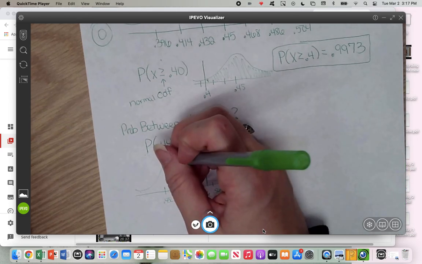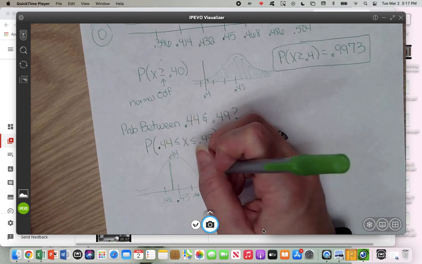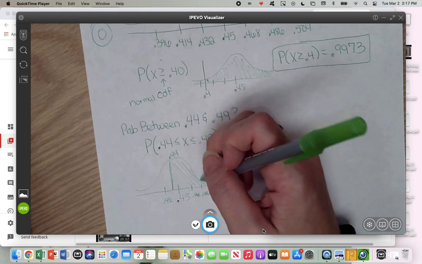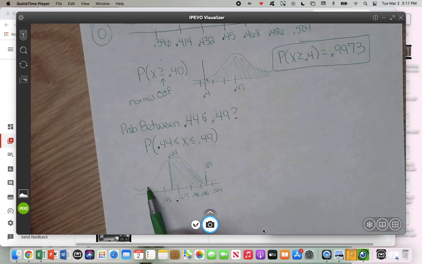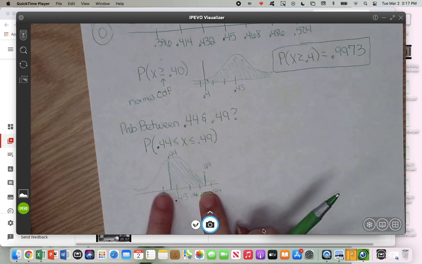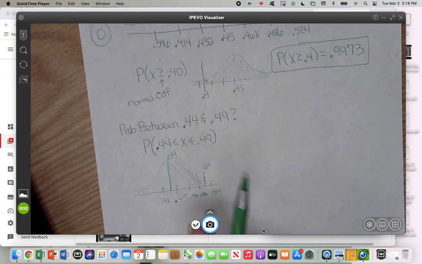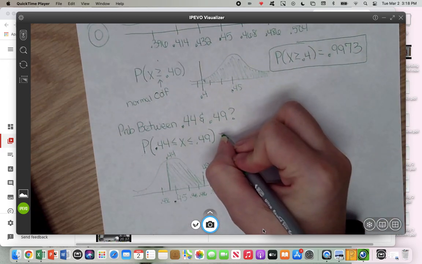So this would be 0.44, this would be 0.49. So we're wanting to know this area in between these two. It's a pretty big chunk, but we're only looking at this area. We don't want the whole thing. So we're finding that probability, and since it's not a symmetric range around the mean, we aren't able to do like that 68, 95, 99.7. But it's a range. We have an inequality, so this is still a CDF.